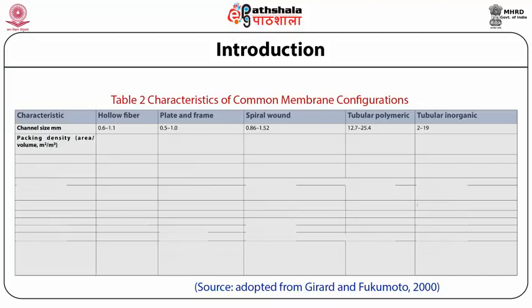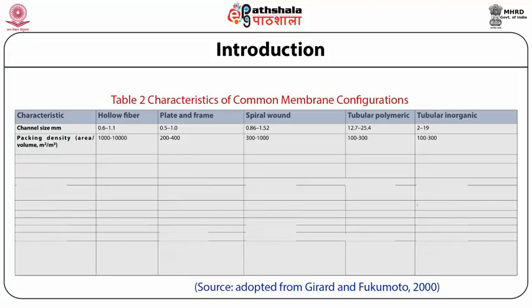Packing density for hollow fiber is 1000 to 10,000 meter square per meter cube, plate and frame 200 to 400, spiral wound 300 to 1000, and for tubulars it ranges from 100 to 300. This is an important point: if a membrane module has higher packing density, it means higher area can be fitted in a lesser volume.